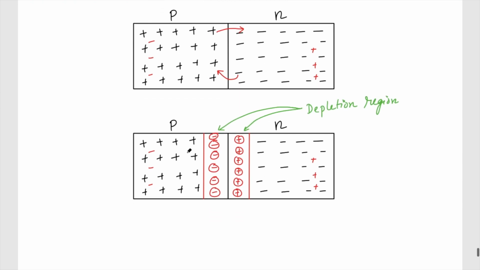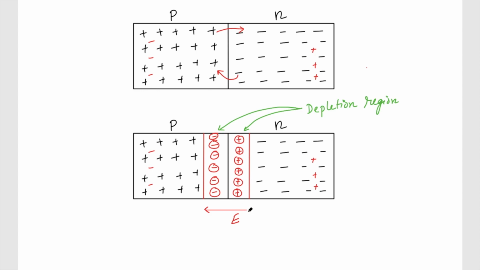Now one may ask, okay, there is a diffusion, but how long will the diffusion happen? So because of this charged region, there will be an electric field, okay? There will be an electric field E that is created from this positive charge to this negative charge. And this electric field will stop the further diffusion of the holes from the p side to the n side, and the electrons from the n side to the p side, because we know that the holes move in the direction of the electric field and electrons move in the opposite direction of the electric field.